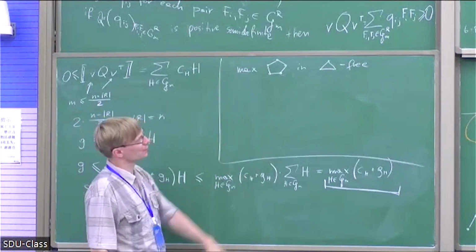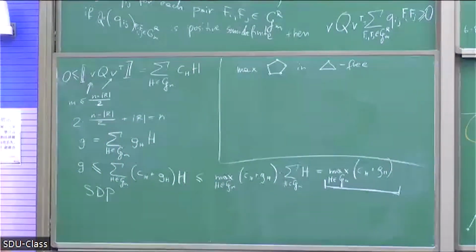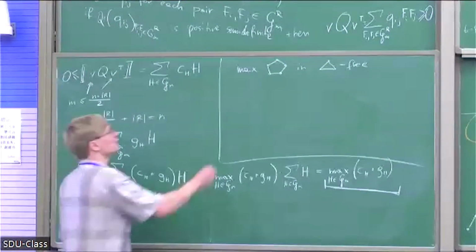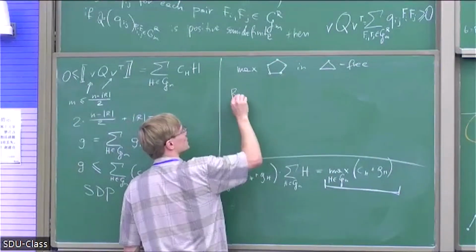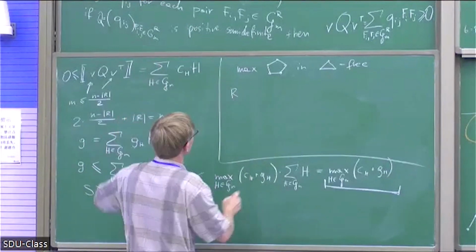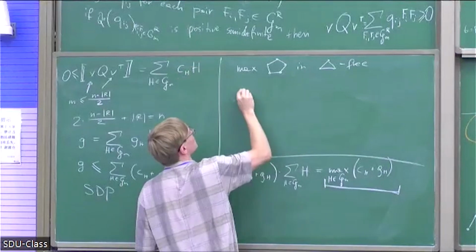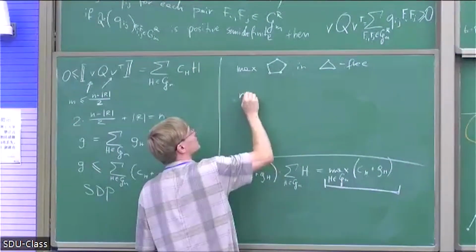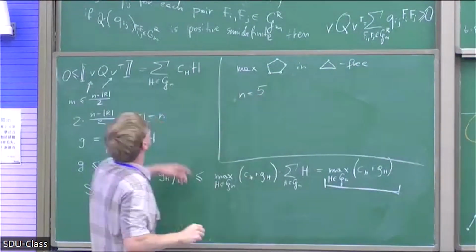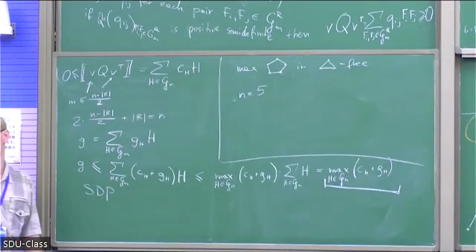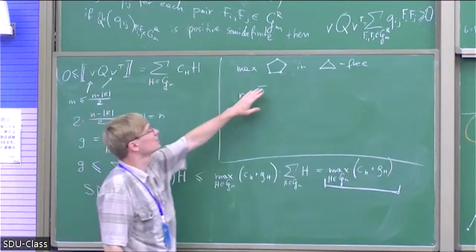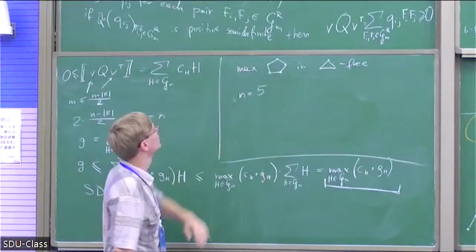So this was open for like, I don't know, 28 years or something like this. And what you can do here, you can consider those labeled graphs. Let me go slowly. So I take n equals 5, so express everything in terms of 5-vertex densities. In the case of the pentagon, I have nothing to do.